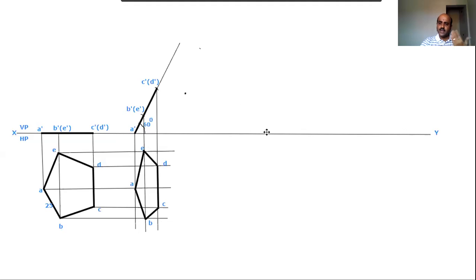Then once you draw that, finally we have to get the front view. Okay. So now we have to construct that. First we have to construct CD on the XY line. CD should touch the XY line. So we have to construct it in such a way that edge CD should come over here first.